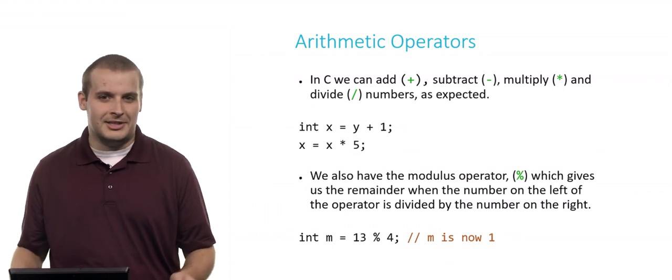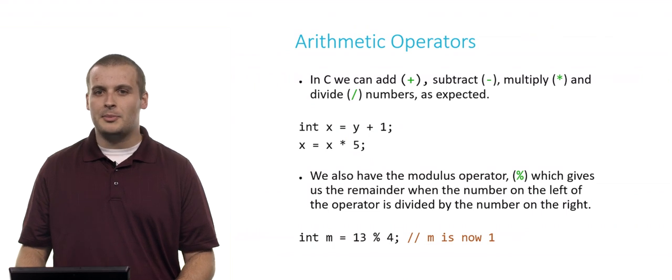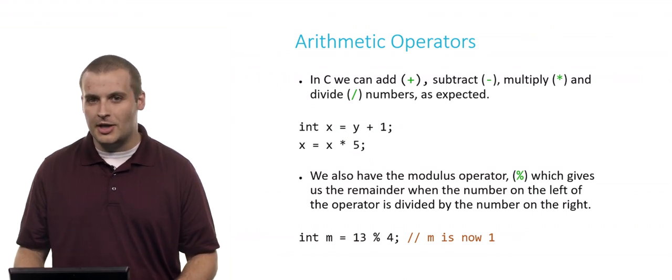You might think that that's actually not a terribly useful thing, but you'd be surprised by how frequently the modulus operator can come in handy. There's a couple of problems we'll do in CS50 that deal with it, and it's also good for doing things like random numbers. A random number generator is going to give you a number from 0 to some huge number, but maybe you only really need a number from 0 to 20.